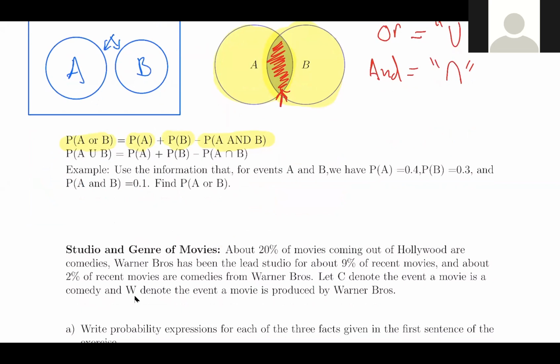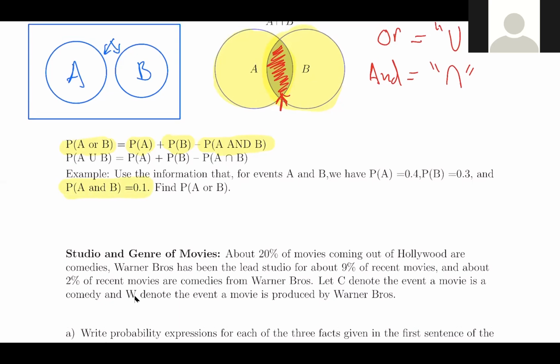It says find the probability of A or B. The key thing that they give me that lets me know that we have something that's not mutually exclusive or not disjoint is that they give me the probability of A and B. If it had been a disjoint event, the probability of A and B would have just been equal to 0. But since it's equal to something other than 0, I know that this is not a disjoint event. I know that they share something in common. So that's why we have to use this formula.